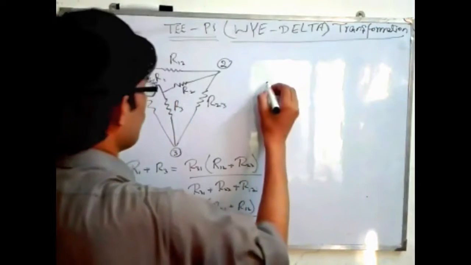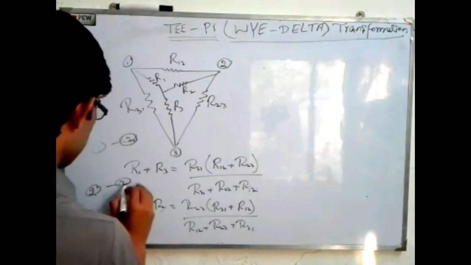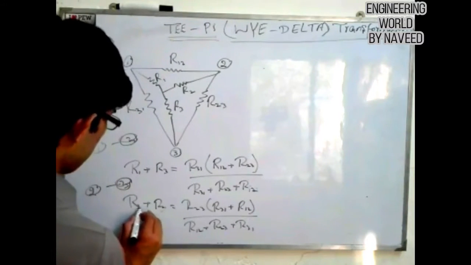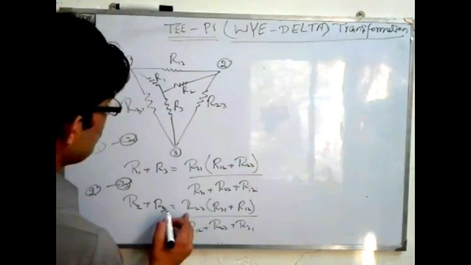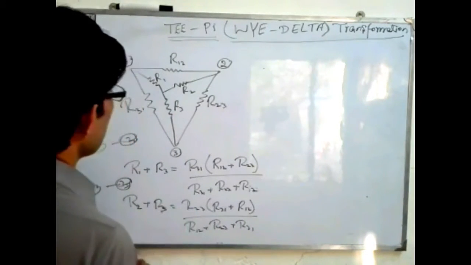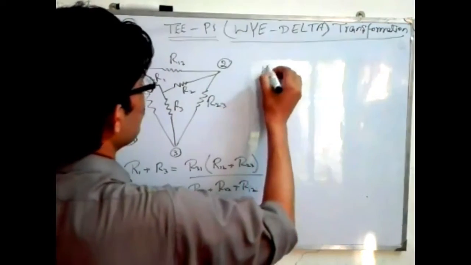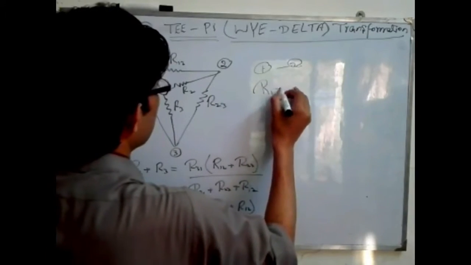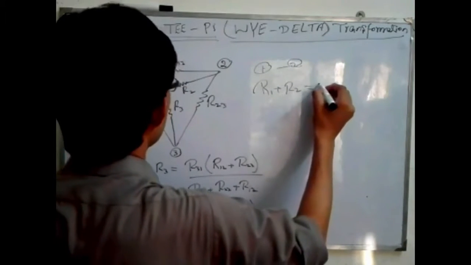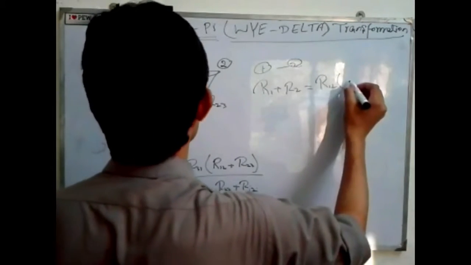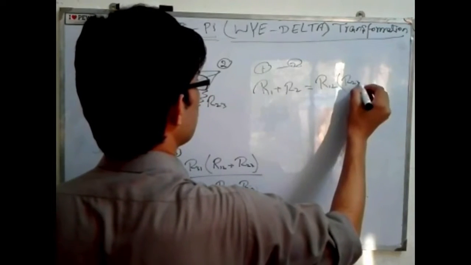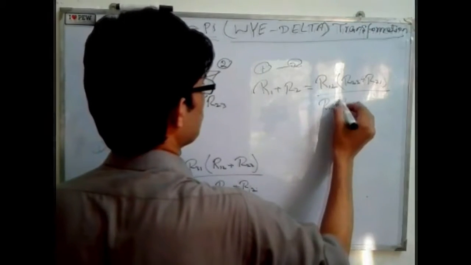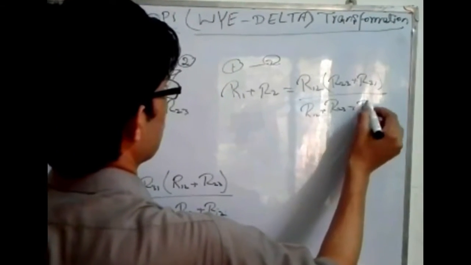Similarly, if you take the node, R23. Now let's take node 1, 2. So R1 plus R2 will be equal to R12 multiplied by R23 plus R31 divided by R12 plus R23 plus R31.